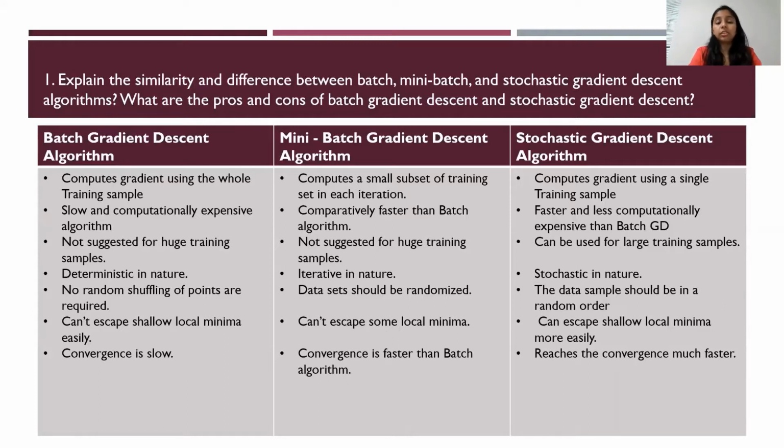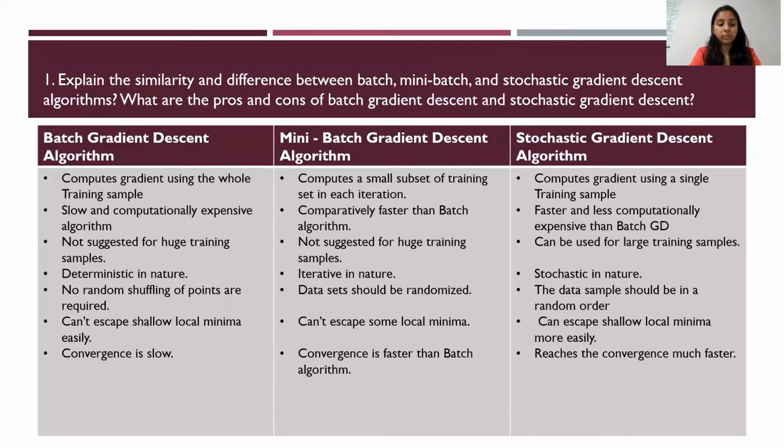The next difference is the batch method is slow and computationally expensive because the whole training sample is used for each iteration. Whereas for mini batch and stochastic, the computation is faster and comparatively less expensive.